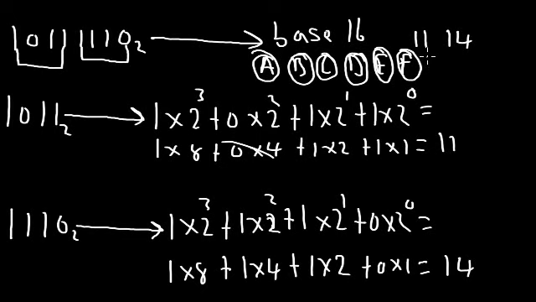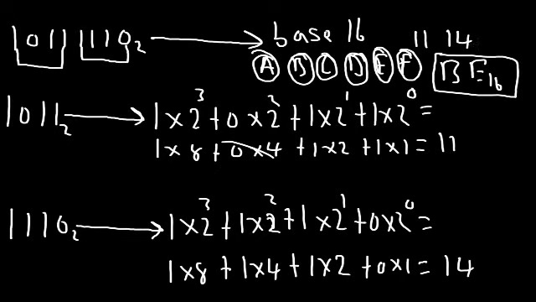So our final answer will be B, E. So this is the final answer to this problem, and that's how to easily convert numbers in base 2 to numbers in base 16.